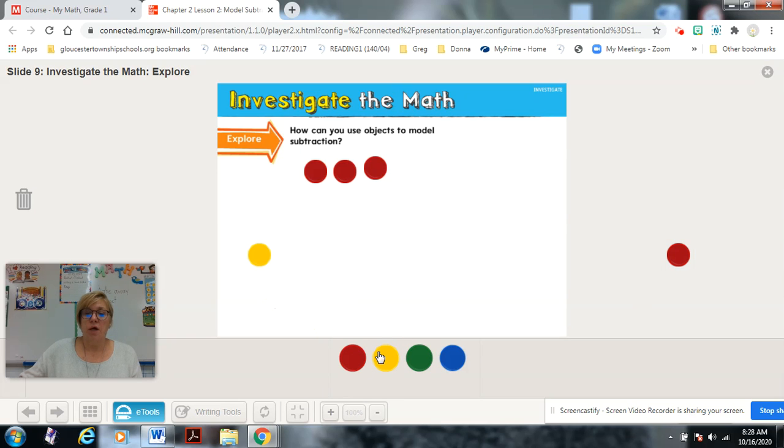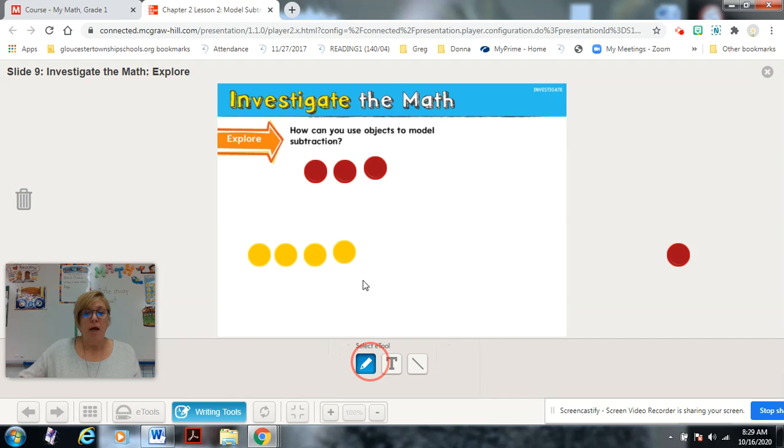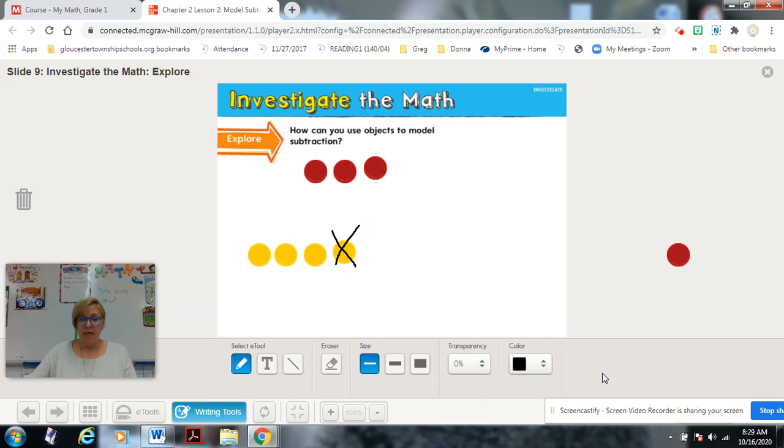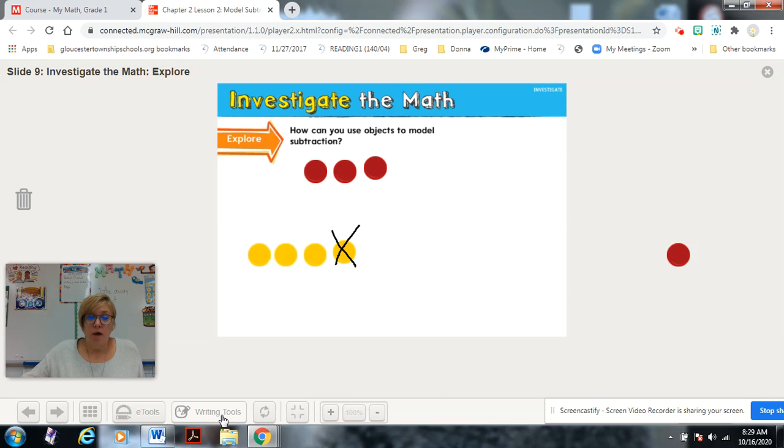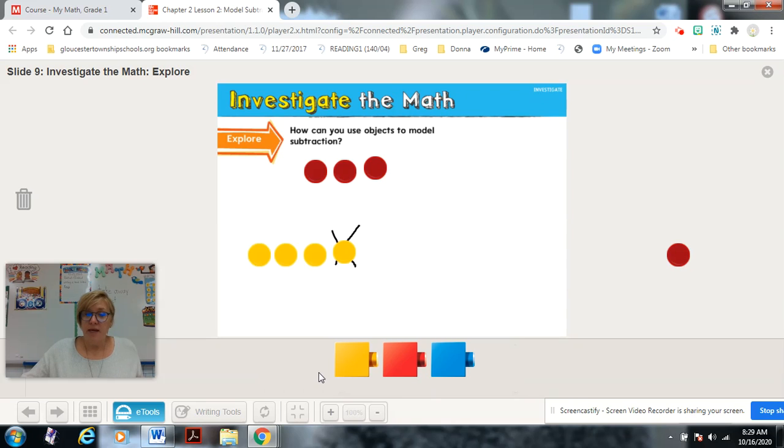Another way I can use objects to subtract is I can put them here. Now this is if I'm drawing on paper, okay, or on a whiteboard, I might draw the circles, and then to take away, I could X out what I am taking away. Because once you draw something on paper, you can't really move it like a counter, all right? So either of those ways could work. Another way is if you have the connecting cubes, and I know some of you really enjoy those.